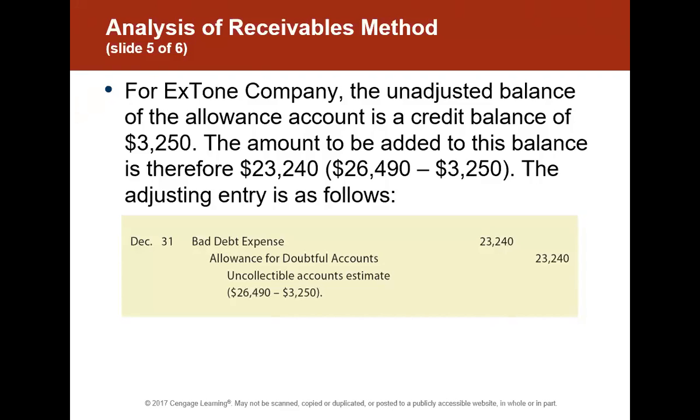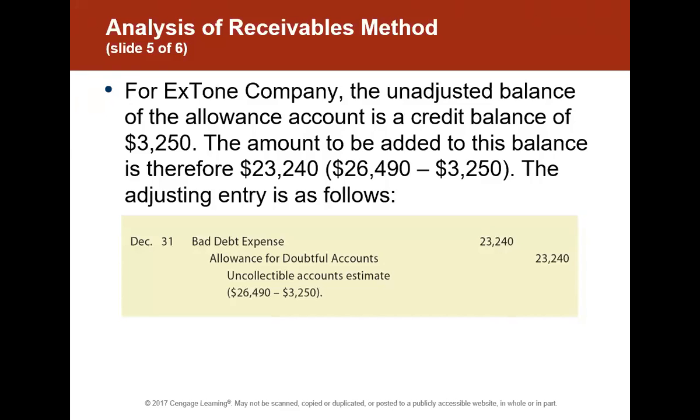So when we use an aging of receivables, we come up with the amount we want in allowance for doubtful accounts. If it has an existing credit balance, we're going to take our estimate minus the existing amount to get the adjustment.